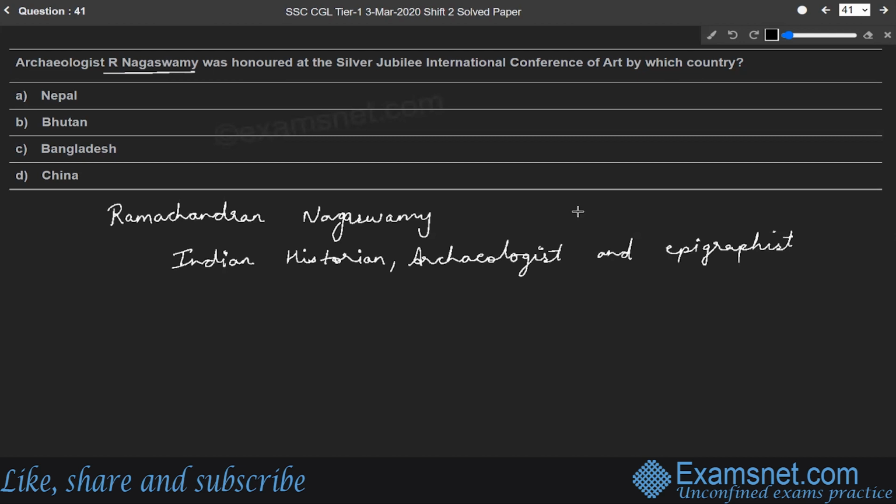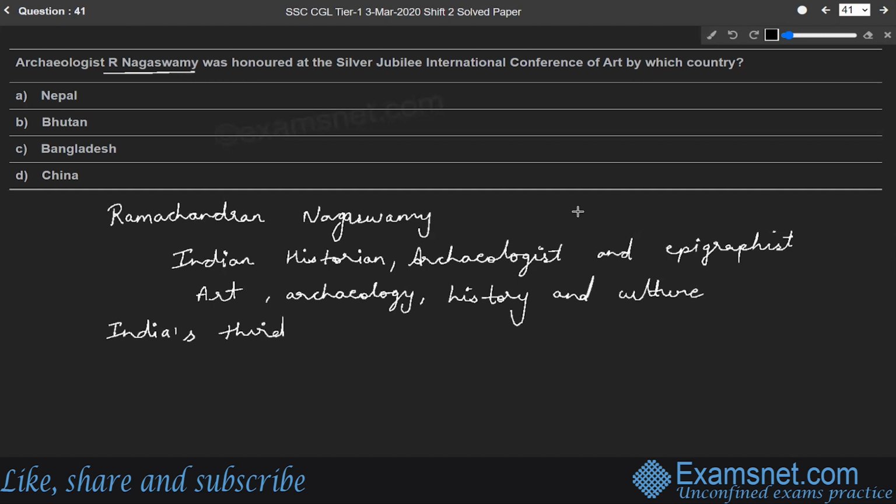He was honored for the contribution of Nagaswamy in art, archaeology, history, and culture. He was also awarded India's third highest civilian award.